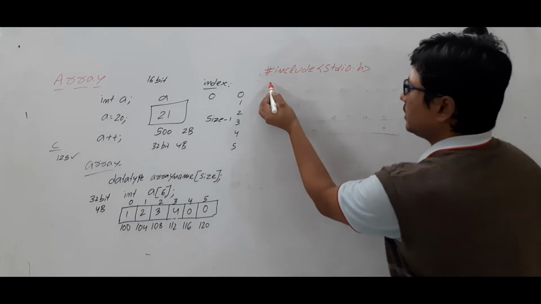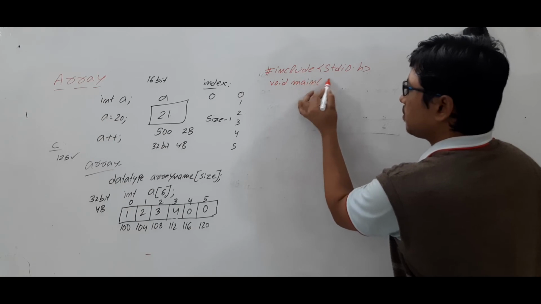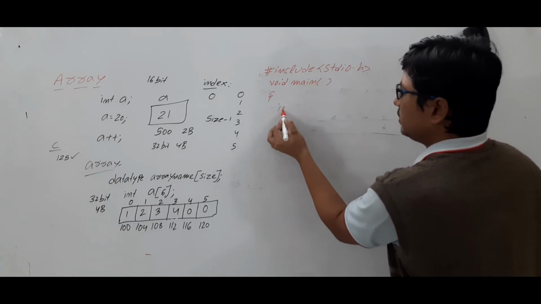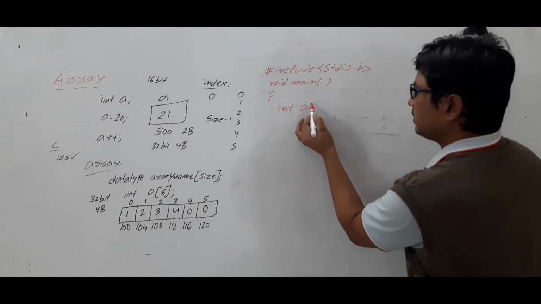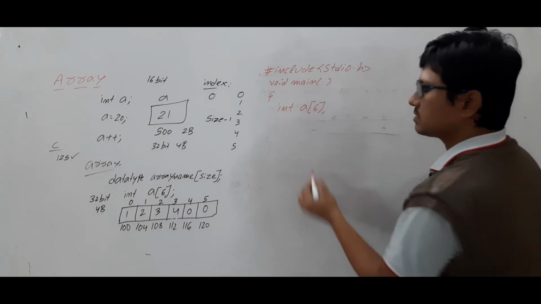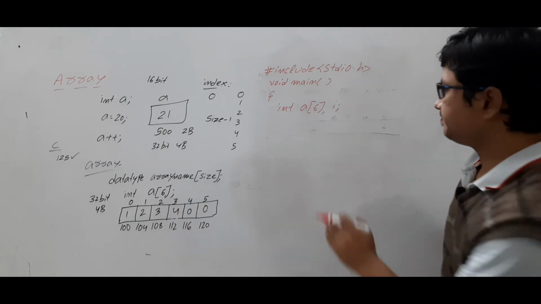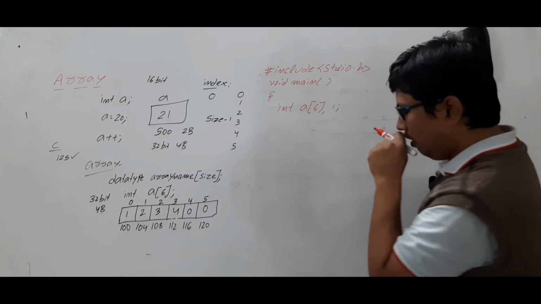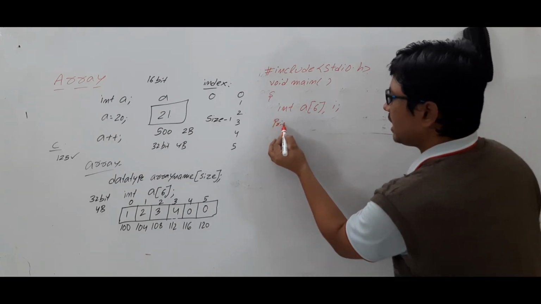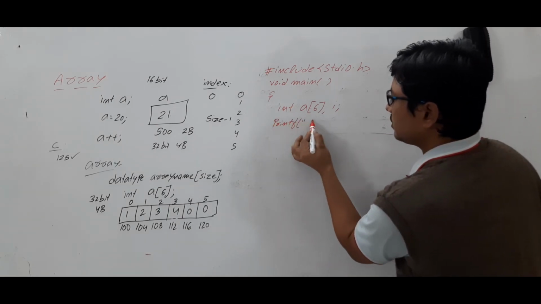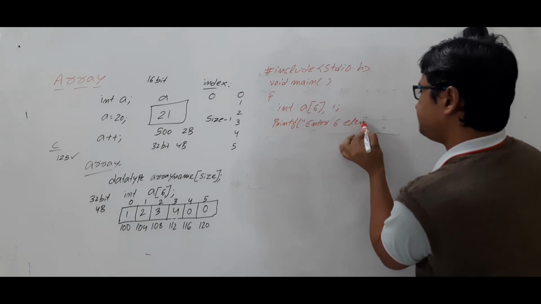Then void main, then int, array name, let's take that a, and I am giving it as a of 6. Okay, and I am declaring a variable called i. Then I will ask the user to enter 6 elements.